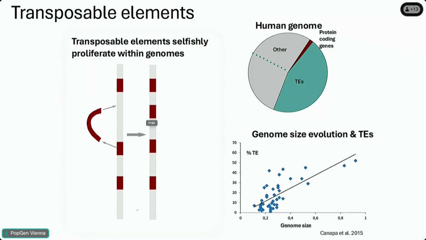The human genome is roughly 45% transposable elements. You compare that to protein coding genes, which are only about 1.5%. So there's a lot of DNA derived from transposable elements in the human genome, most of which are now inactive. They're no longer jumping around and replicating.